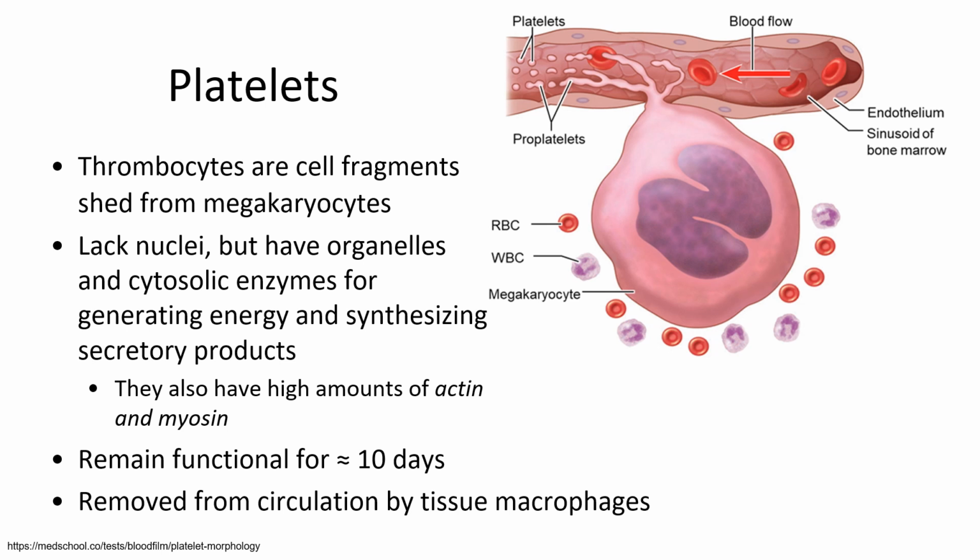They also have large amounts of actin and myosin. Why would they want large amounts of actin and myosin? Think about what you learned about muscle last semester. They have large amounts of actin and myosin in order to allow them to contract and move and relax and change shapes.